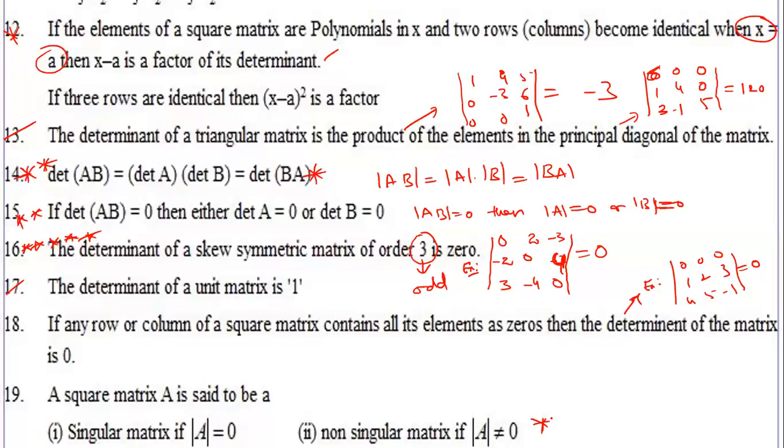Anybody need an example? For a singular matrix, I'm giving 9, 4, 6, 6. What is the answer? 0. See carefully. For non-singular, I'm giving some 2, 3, 4, 6, 8, 2, 1 like that. How much is coming? So these are the singular and non-singular matrices.